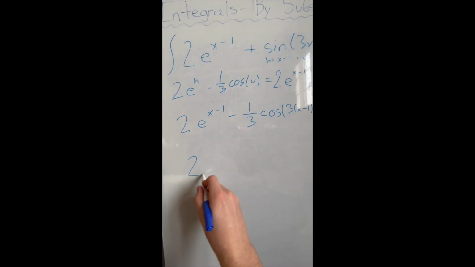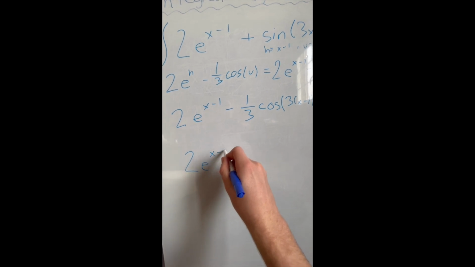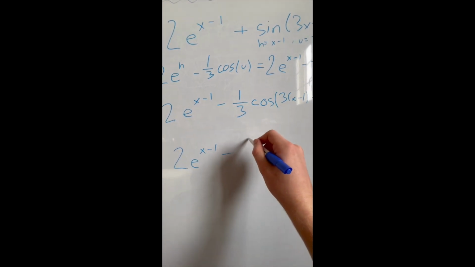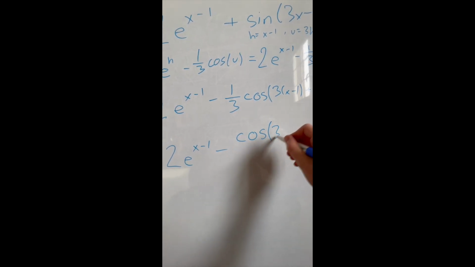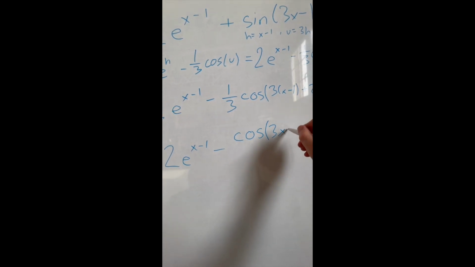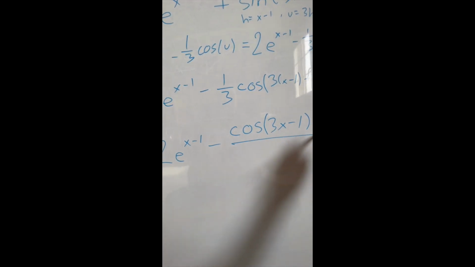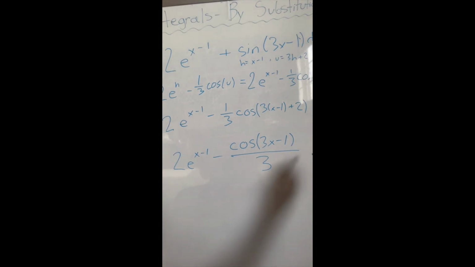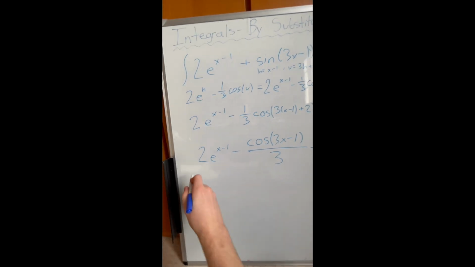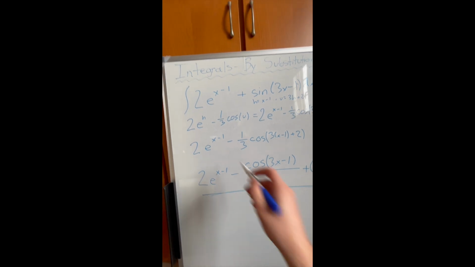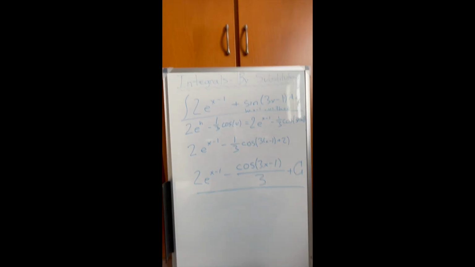And this is 2e to the power of x minus 1 minus 1/3 times cosine of 3x minus 3 plus 2, obviously plus c, never forget adding your c. And therefore, this is our result for this integral.